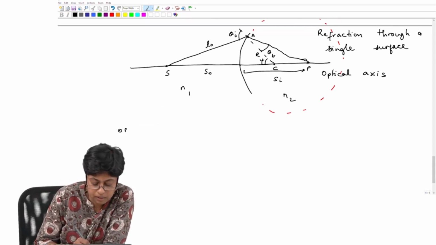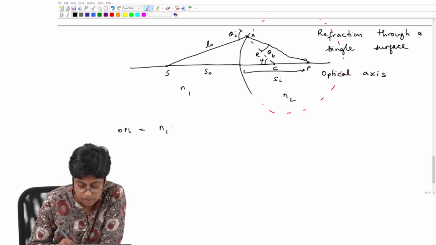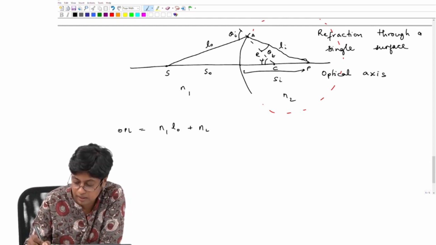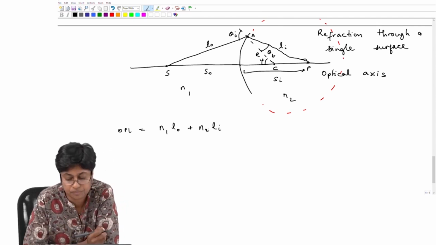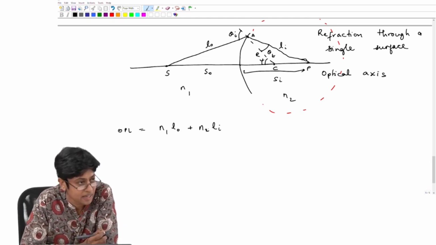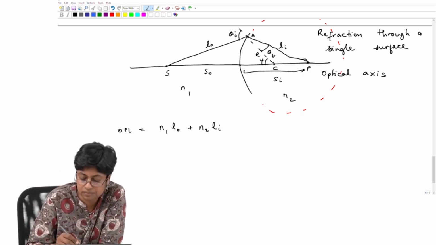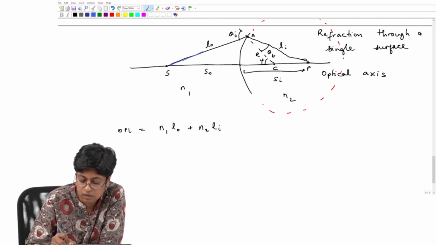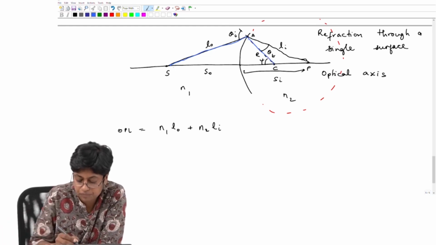So, the optical path length is n1 L0 plus n2 Li, but I can write L0 in terms of this triangle, right.